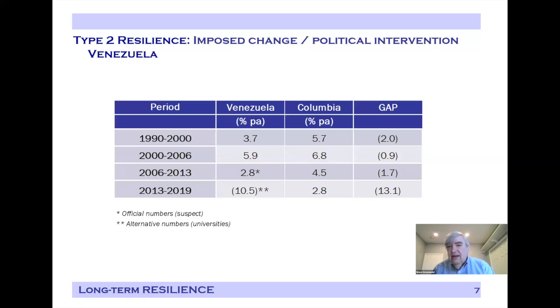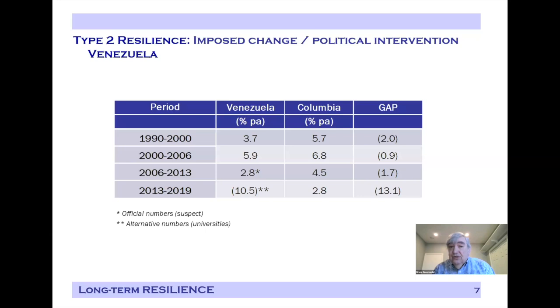And this is the Venezuelan data. So it's between 1990 and 2000 that you get the Bolivarian, the Chavez government. Venezuela, throughout that period, before there is much change, does slightly worse than Colombia, but it does reasonably well in absolute terms.